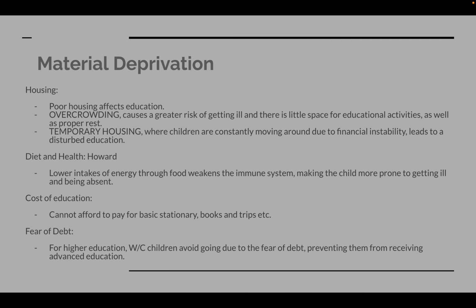It's a plain AO1 statement. For example, overcrowding in the house, as they may have smaller housing. A lot of council housing has 1 bedroom and 1 bathroom, and working class families tend to be larger, and this causes a greater risk of getting ill.